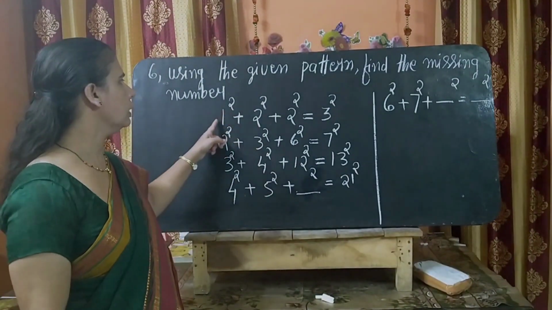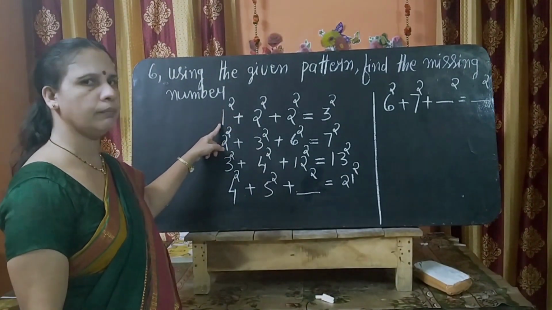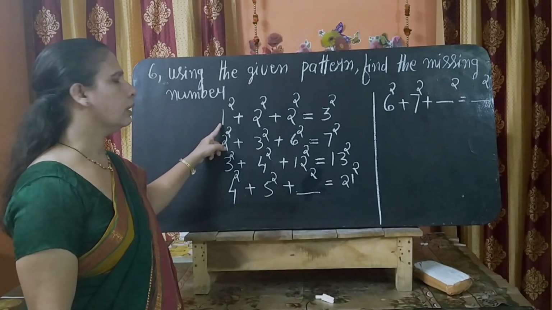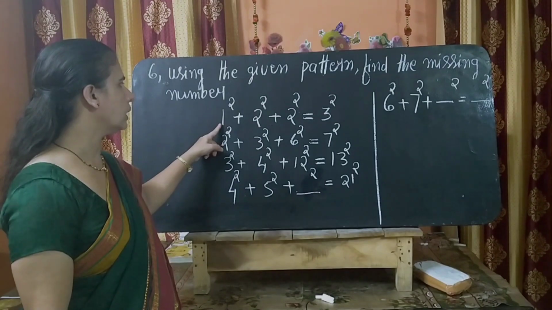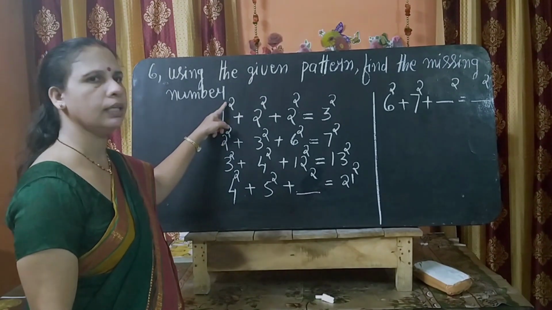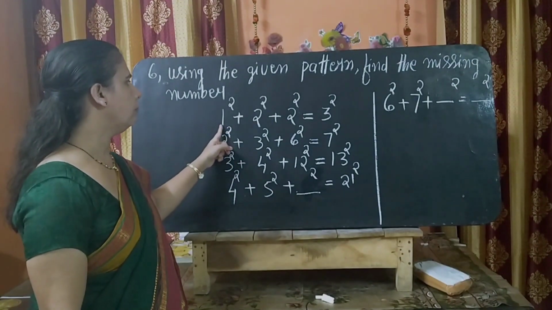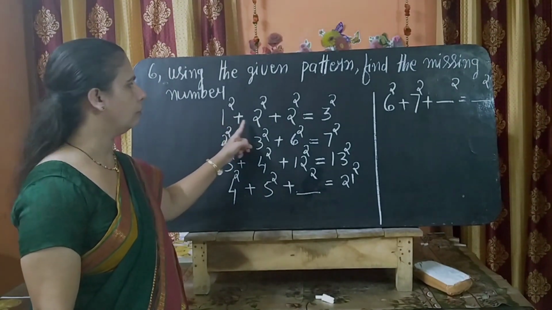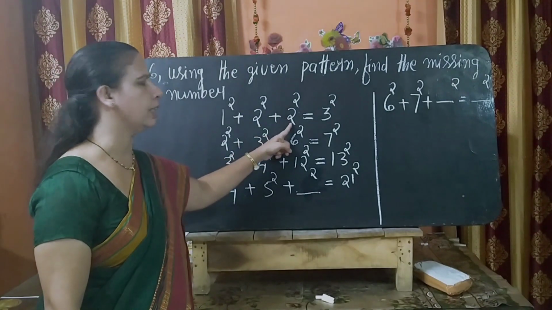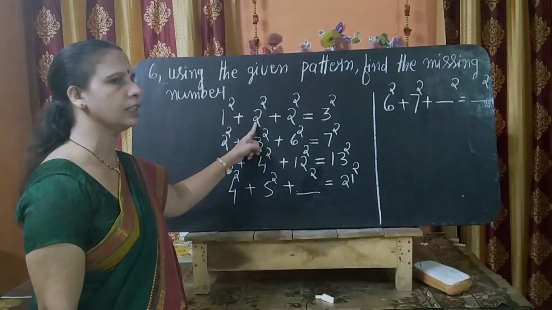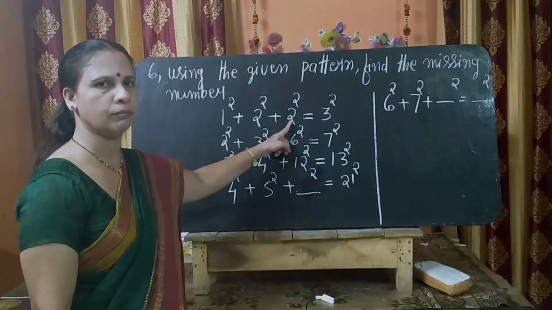Here 1 square means 1 is the base and 2 is the power. Our method is, if we multiply these two bases, we will get the third base.